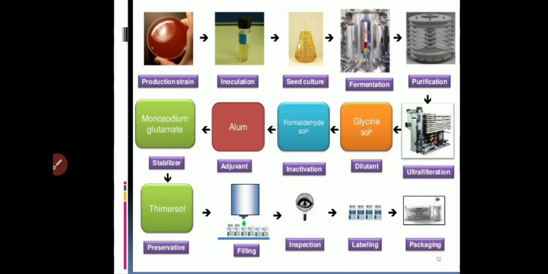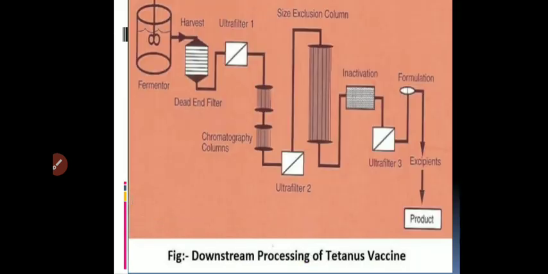Everything is mentioned on the label, and then final packaging is done and our vaccine is ready to market. So this is the production process of tetanus vaccine.